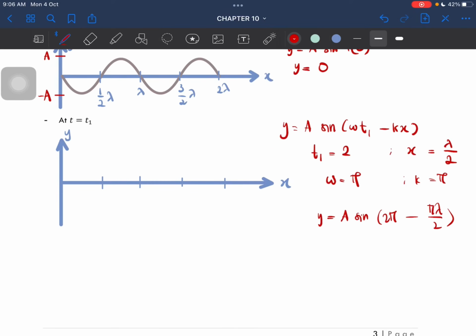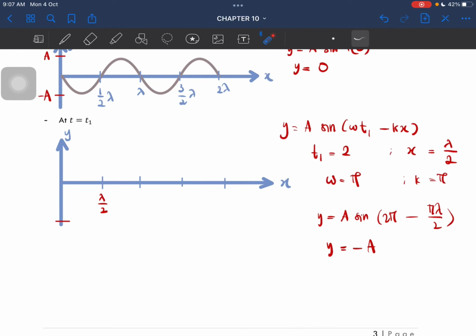Okay, so at x equal to pi over 2, which is at this point, the graph is negative. It becomes y equal to negative a. So negative a means at this point it becomes negative. Okay, the graph is negative here.